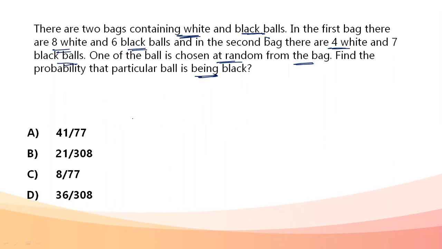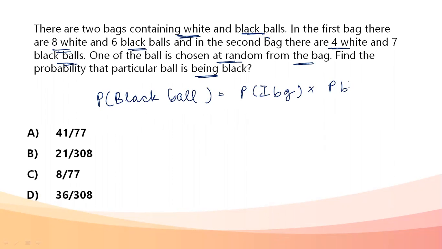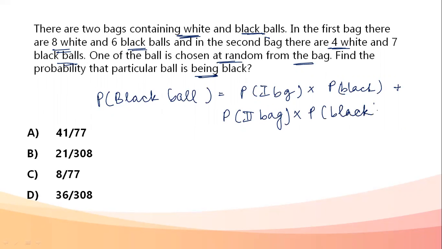Okay, now probability of picking up a black ball is going to be probability of picking up the first bag into probability of black from it, plus probability of picking out the second bag into probability of black from it.